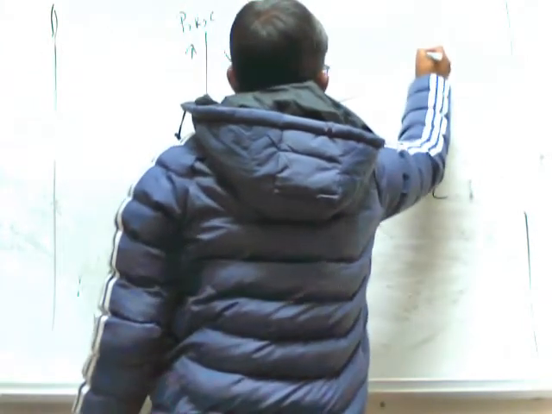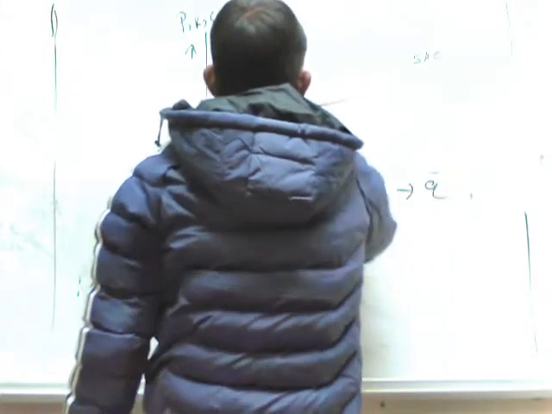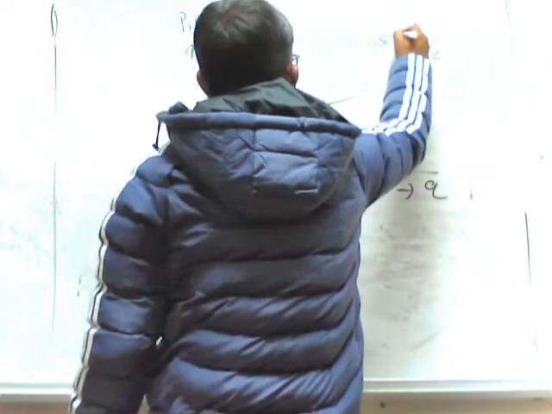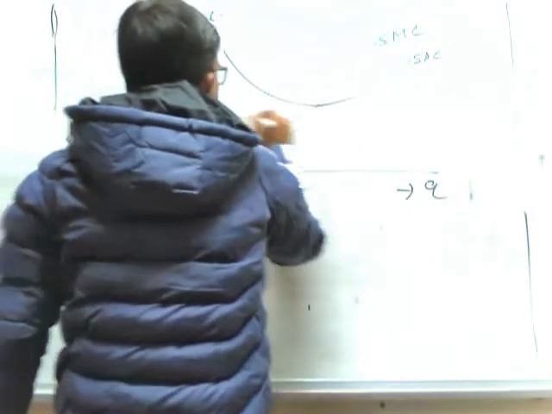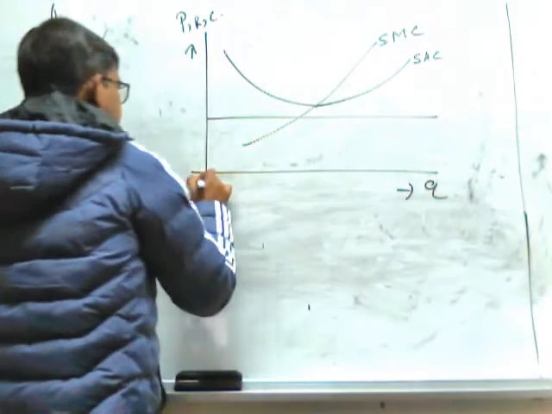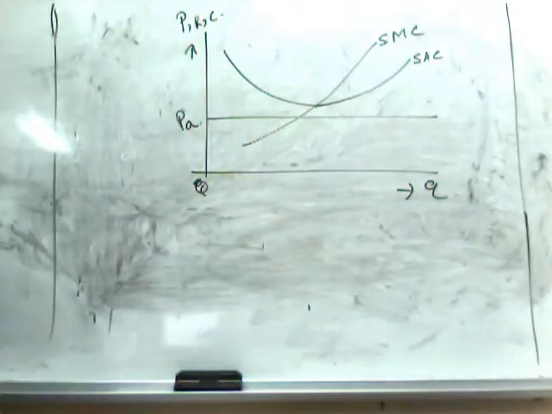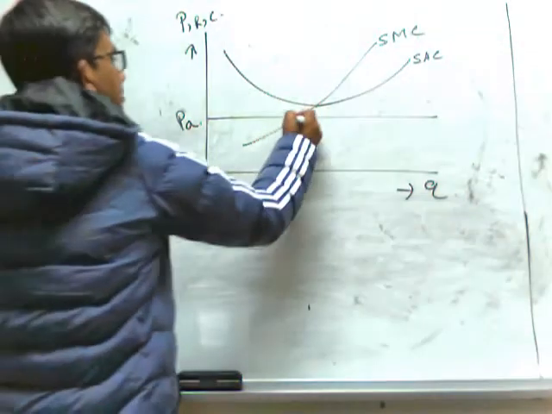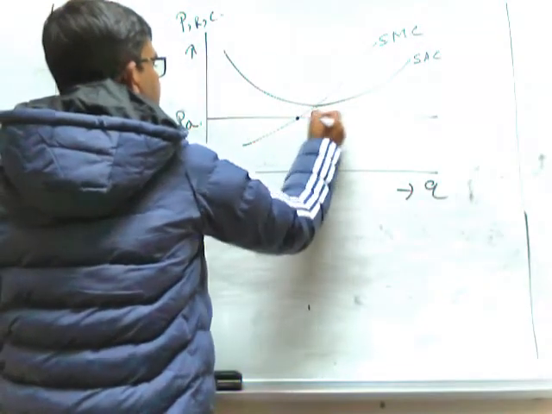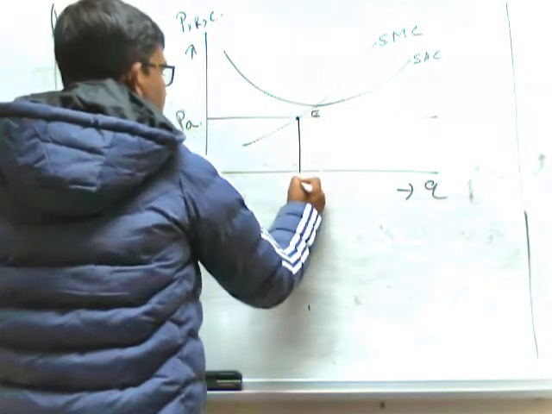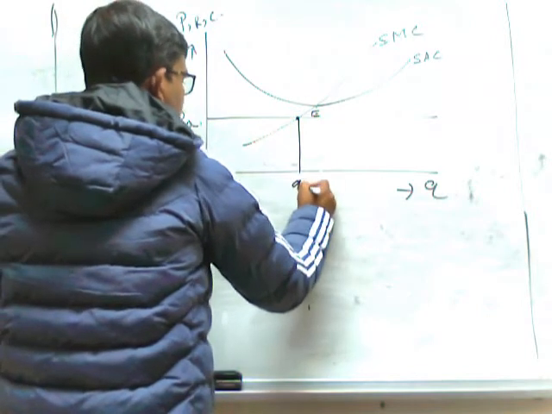This is the short run average cost curve, this is the short run marginal cost curve, and this is the price. So OPA is the market price. So the equilibrium point will definitely be E and the equilibrium level of output is OQA.